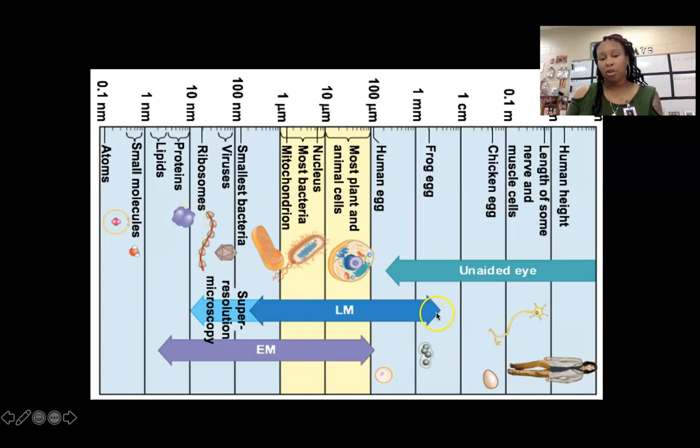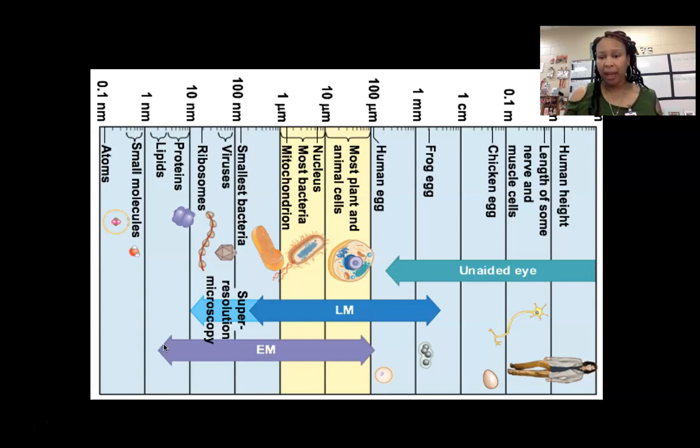But the light microscope is going to go in the range from about frog egg down to probably bacteria if you have a super resolution light microscope. Electron microscopes are going to allow you to see most of your organelles and things inside of plant cells, all the way down to proteins and lipids. So again, you can see things that are extremely small with electron microscopes that you cannot see with light microscopes.